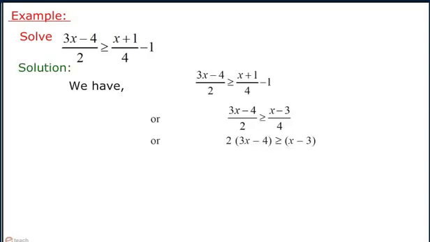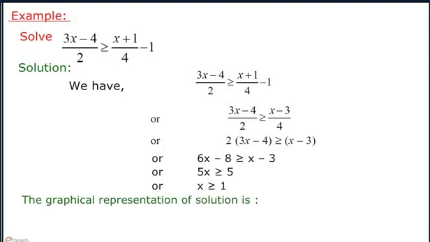We have (3x minus 4) by 2 greater than or equal to (x plus 1) by 4 minus 1, or (3x minus 4) by 2 greater than or equal to (x minus 3) by 4, or 2 times (3x minus 4) is greater than or equal to x minus 3, or 6x minus 8 is greater than or equal to x minus 3, or 5x is greater than or equal to 5, or x is greater than or equal to 1. The graphical representation of solutions is shown in the number line.